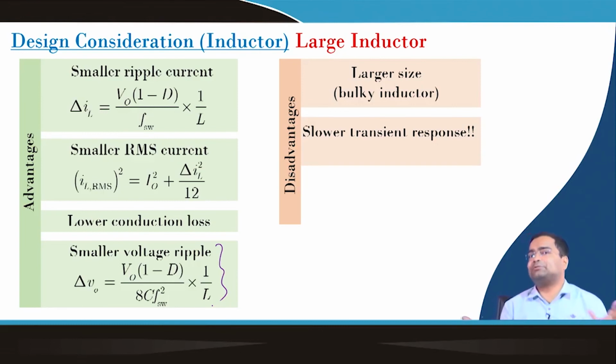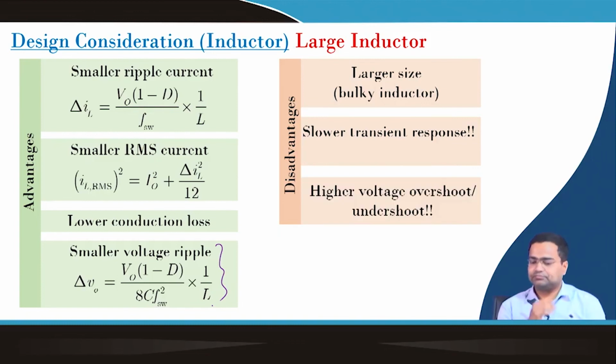There is a natural response of the converter. If the natural response is slower, it will be reflected in the control to output transfer function when we design the controller and do small signal analysis, and it also leads to higher overshoot and undershoot, which cannot be avoided if you use a larger inductor.